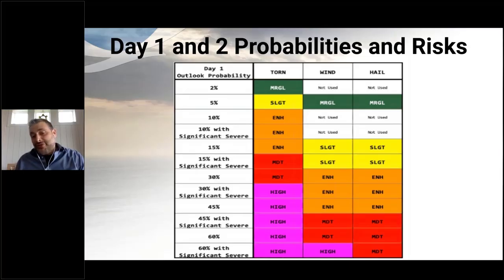And then once you get up to 30% or higher, that's associated with a high risk. Like I mentioned, those high risks are relatively rare. You've noticed that high risks for wind and hail are relatively rare, but you can get an instance, just like we had with the derecho up in Iowa that moved across the Great Lakes region.